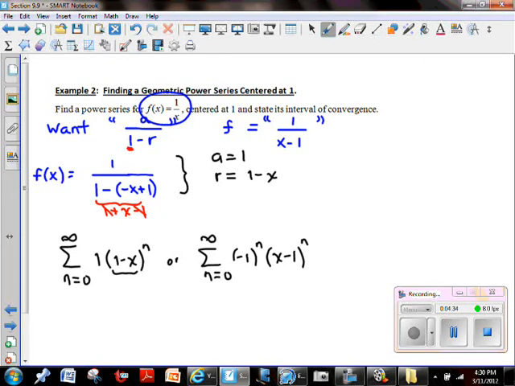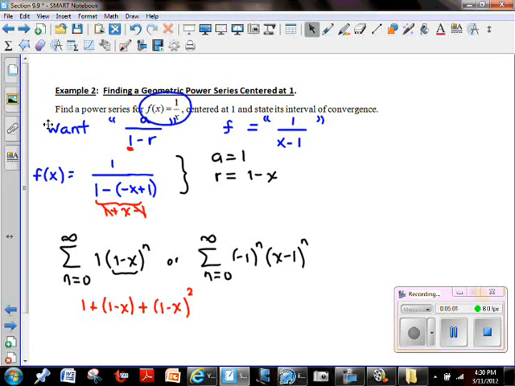And if you were to throw in some values of n here for both of these, maybe I'll do that very quickly. If n is equal to 0, 1 minus x to the 0 is 1. If n is 1, I would have 1 minus x to the first, which is 1 minus x. And let's throw another one in for good measure. If n is equal to 2, I would have 1 minus x squared.